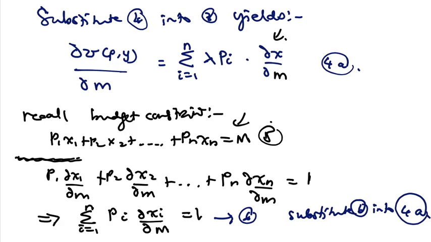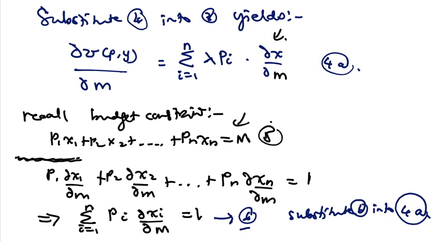So we have delta V over delta M equals to, if you see this lambda, we take it out here because it's a constant, so summation of lambda is always lambda, any number of constant number, and then the rest is the summation symbol, and then pi multiplied by dx over dm, which is expression 6, isn't it?